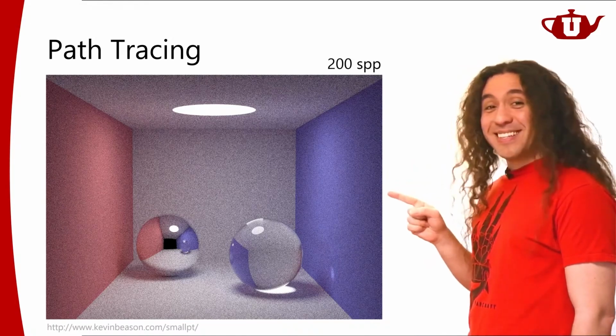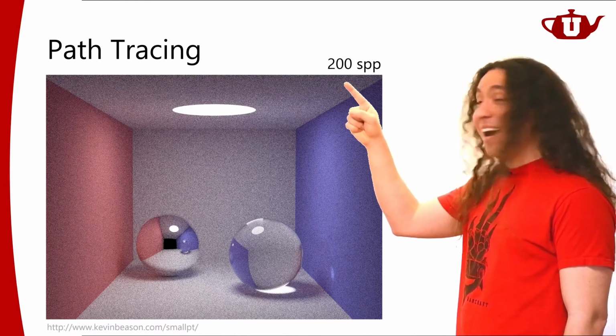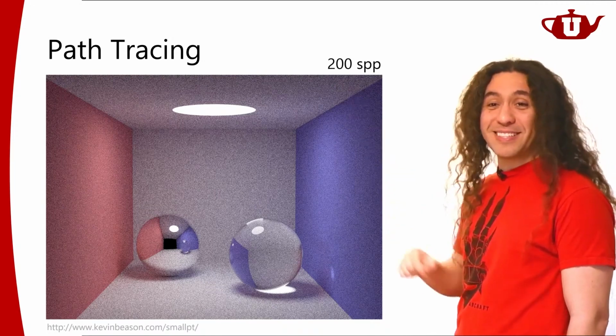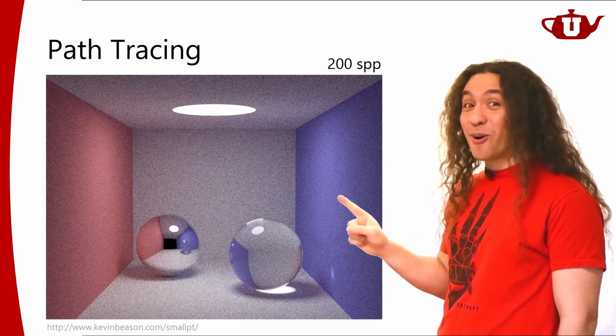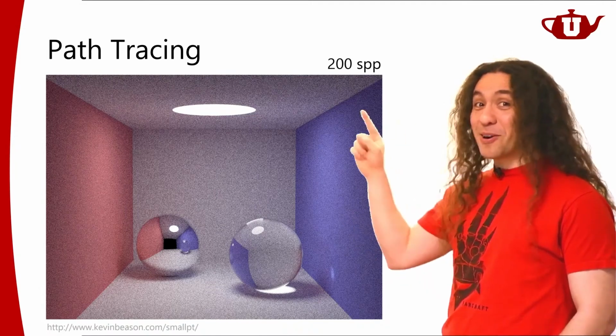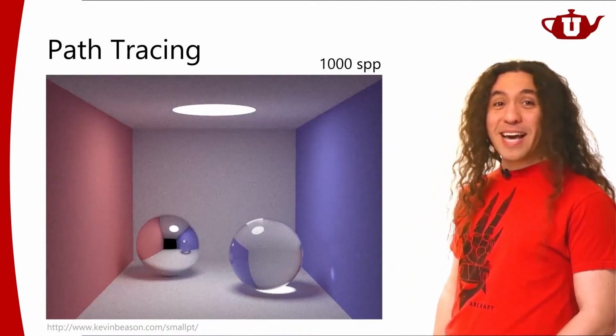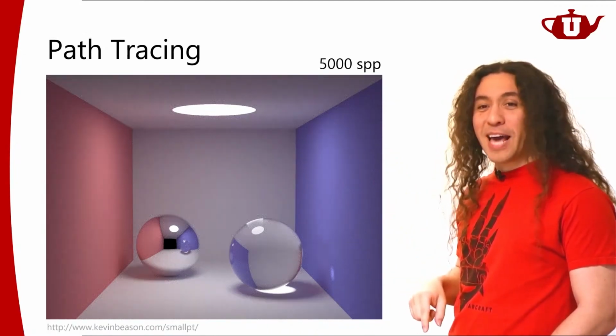Now over here, I am shading 200 samples per pixel. A lot more than what we wanted, right? And it's still pretty noisy. And we need to go up. Let's go up to 1,000. Better? Definitely better. Still noisy. Let's go up to 5,000.